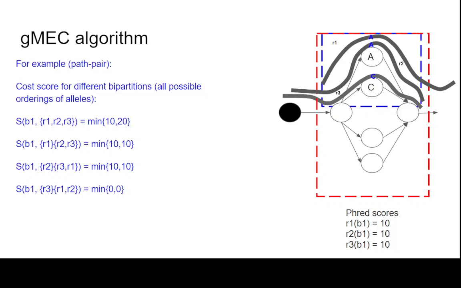Imagine the Phred score for each of them is 10. Then either you put all of them into this path, or you put this one into that one, so it's 10 or 20. We calculate the cost score similarly for all the bipartitions and for all possible orderings of alleles.